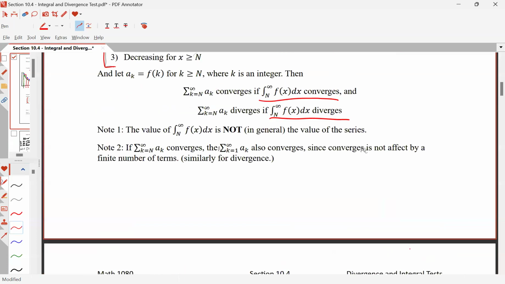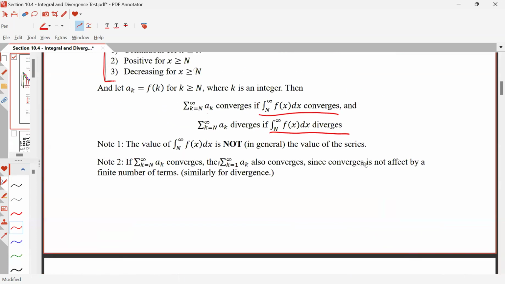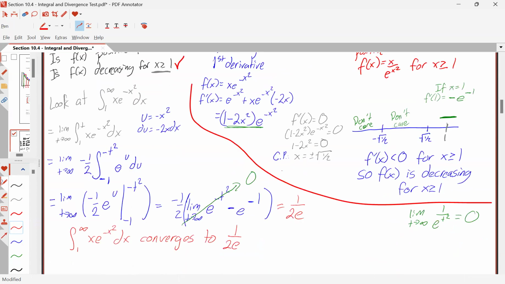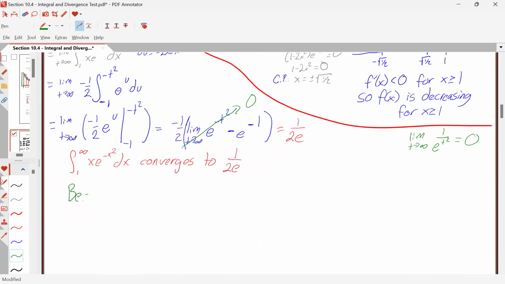Now, by the integral test, because the integral converges, so does the series. So because the integral from 1 to infinity of x e to the negative x squared dx converges, so does the series, k equals 1 to infinity of k e to the negative k squared.